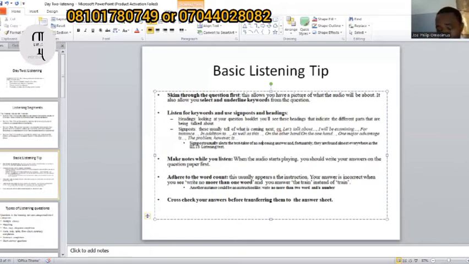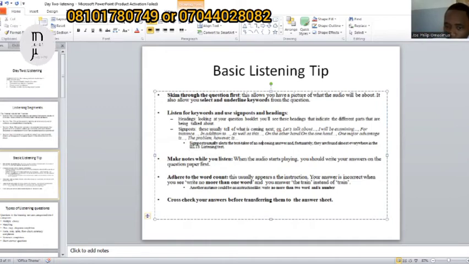Now you simply fill in your answer, not in the answer booklet this time, but on the question paper, to make sure it is grammatically correct and related to what is being said in the question paper.